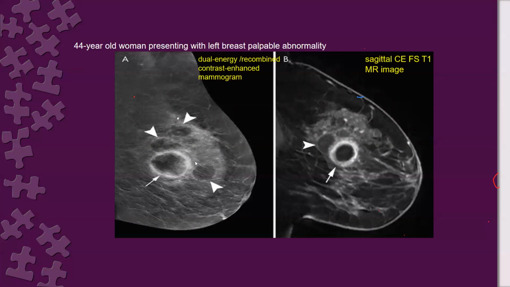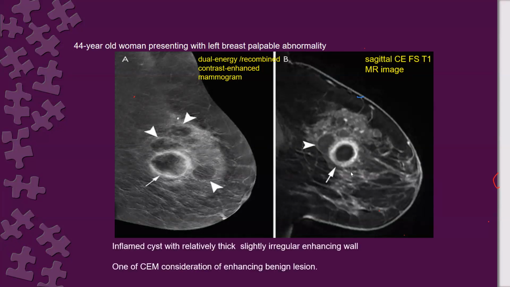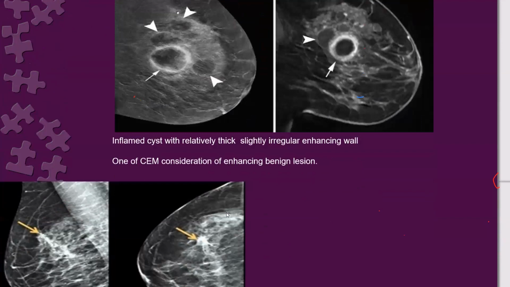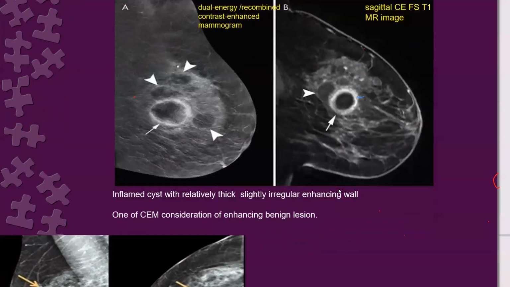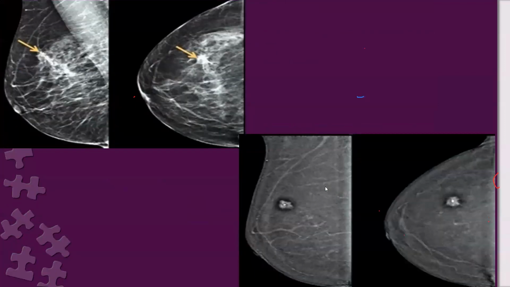So this is the recombined image of the contrast study, this is sagittal, and this is an inflamed cyst. You know the inflammatory cyst? Sometimes the inflammatory cyst demonstrates ring enhancement, but usually the ring enhancement for the inflammatory cyst is relatively different from that suspicious for cancer on MRI.